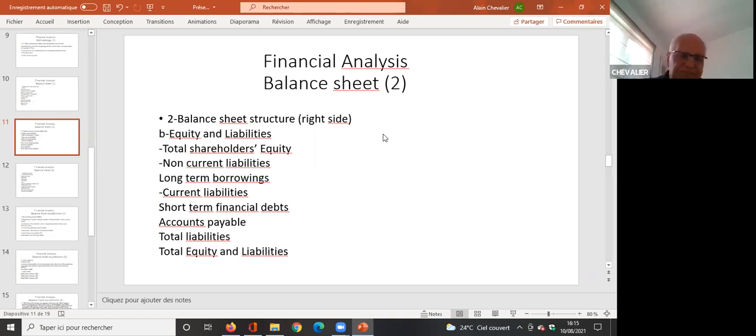So when you have total equity, very often you find the detail, which is equity and retained earnings. Total equity in the balance sheet is 100. For example, equity is 40 and retained earnings is 60. What does it mean?